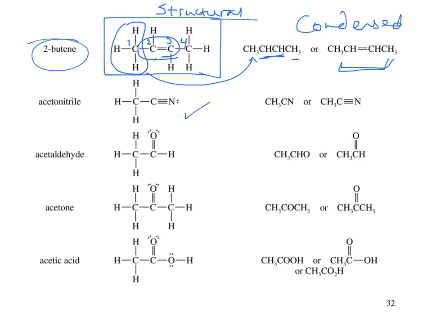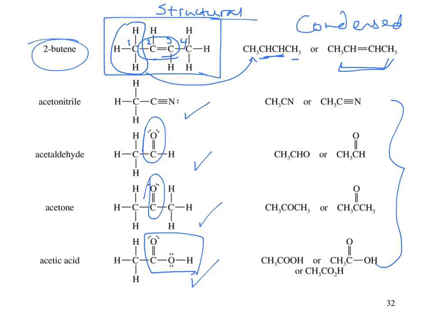Again, notice in the case of acetonitrile, acetaldehyde, acetone, acetic acid, we have shown all the heteroatoms completely. On the other hand, when we are referring to the condensed structures, we will not show the methyl parts written down completely. We will refer to it only as a CH3.